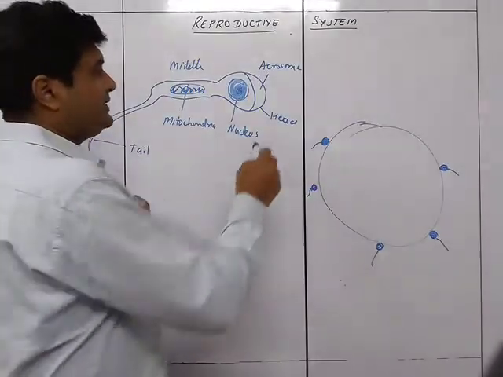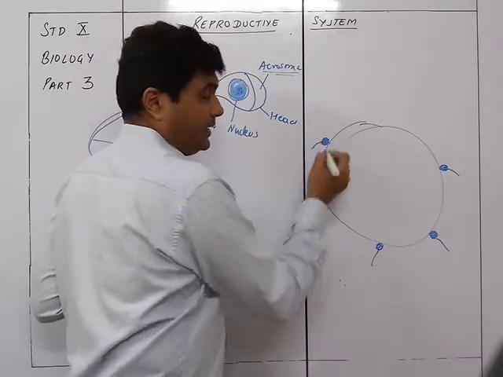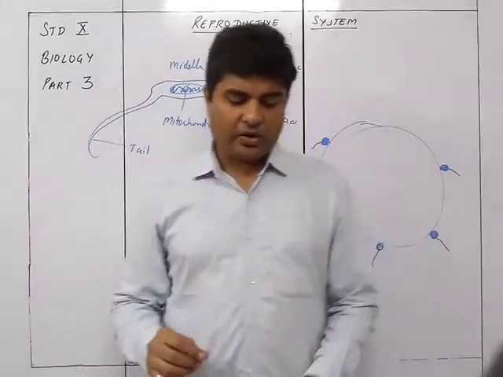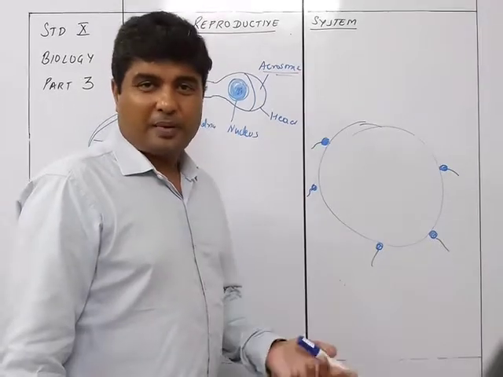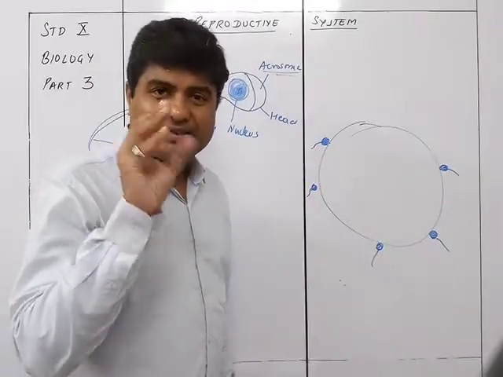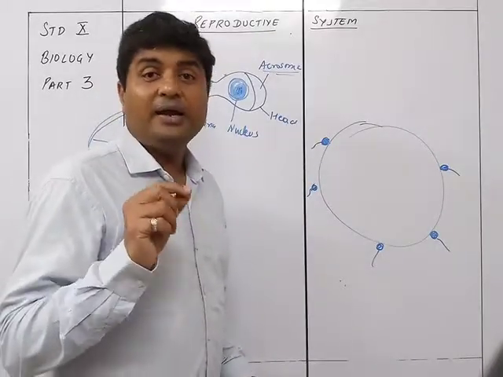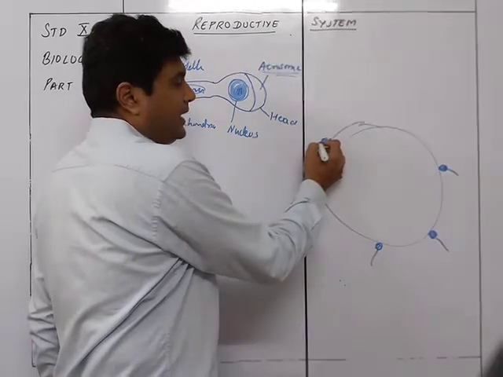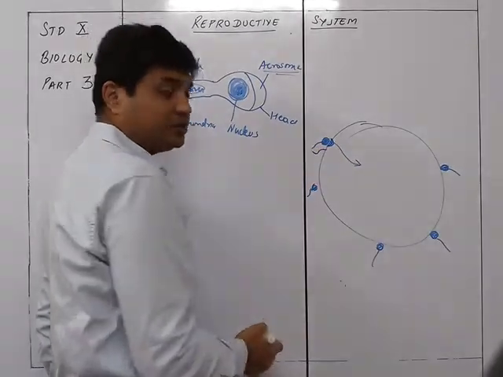Now the point is, what will this acrosome do when it gets here? It is going to produce this particular kind of enzyme which is called hyaluronidase. You need to know the spelling well. It is going to release this enzyme so that it will dissolve the outer wall of the egg and allow the nucleus to enter inside, with the tail just remaining outside.